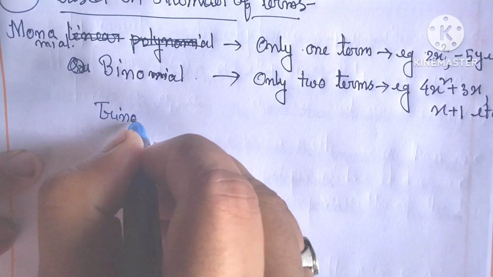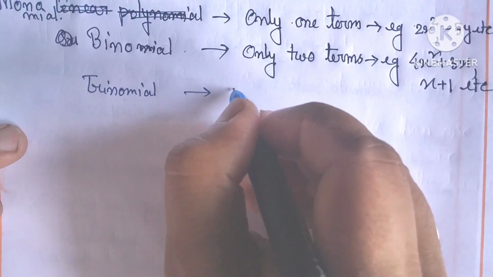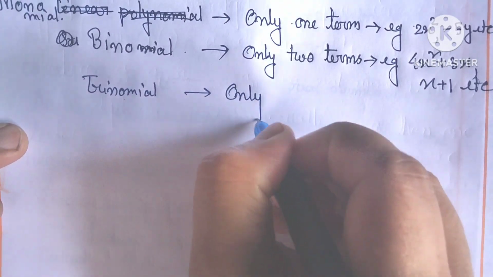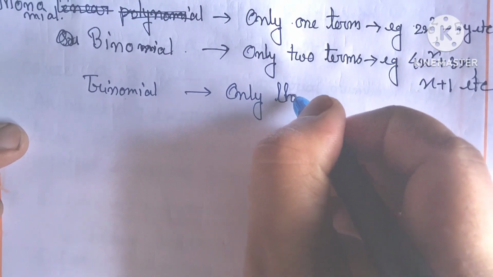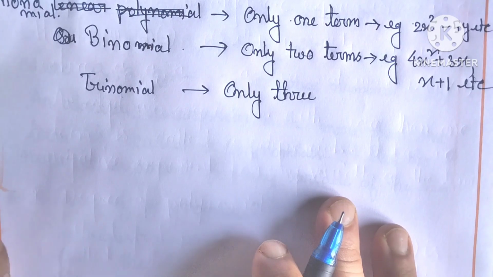Next, trinomial. Tri means 3. Only 3 terms.